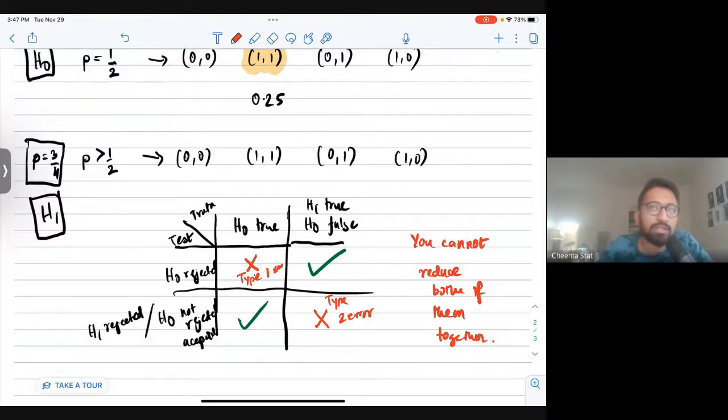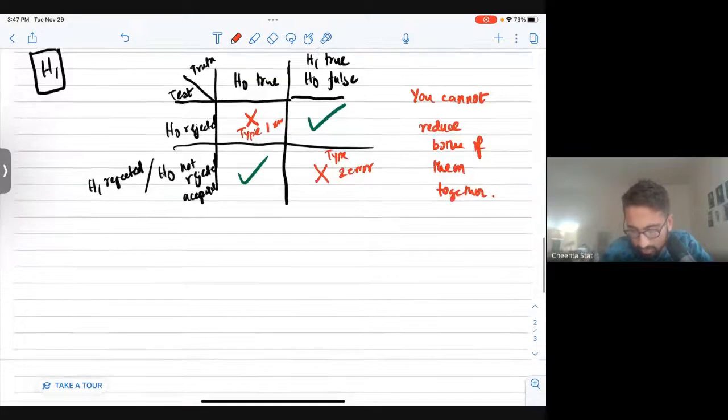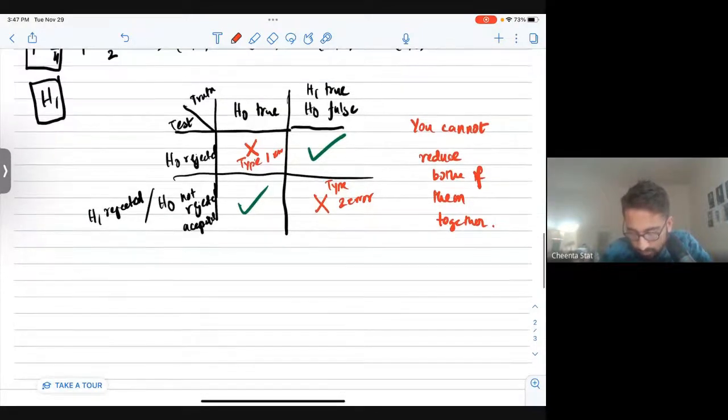For all data points, there is only one part. So we always accept H naught. Think about it and let us know in the comments below. What will the table look like if you always accept H naught?